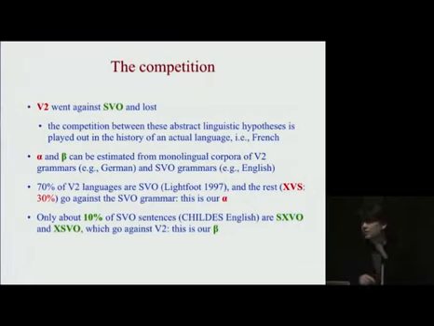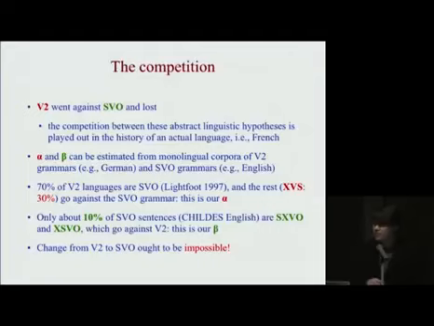SVO is certainly fine for both grammars. So that's our beta. We have alpha being 30% and beta being 10%. So alpha is greater than beta. That means the change from V2 to SVO shouldn't be possible, because V2 is better than SVO when they are put in competition, and that's contrary to the facts. So something else is going on.